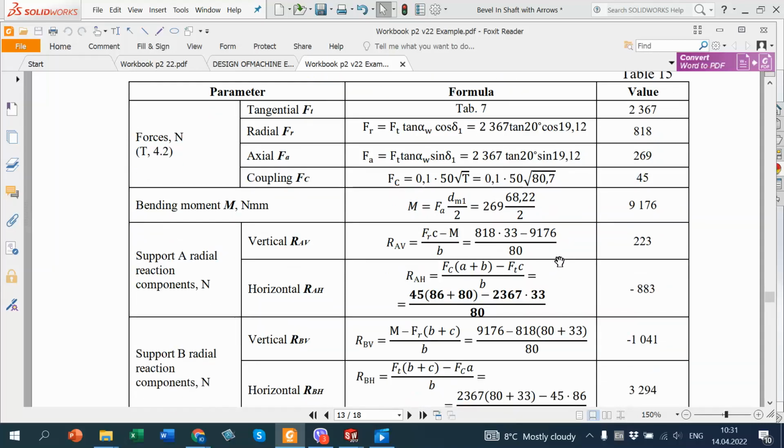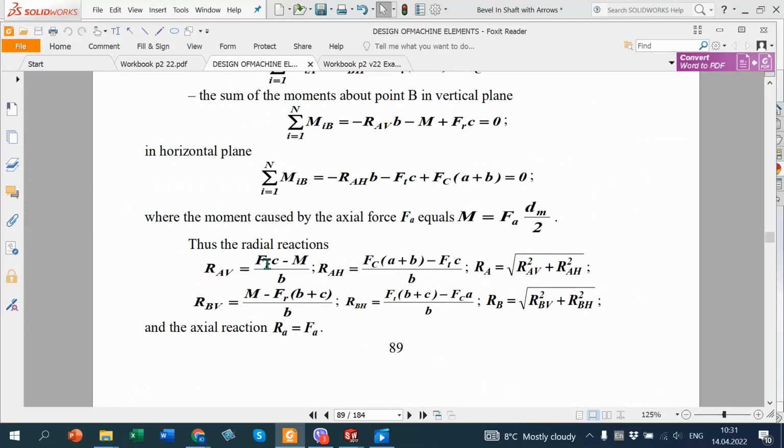Then reactions. A vertical, A horizontal, B vertical, B horizontal. You see formula where we have components. It is in course project tutorial, page 89. You see A vertical, A horizontal, B vertical, B horizontal.